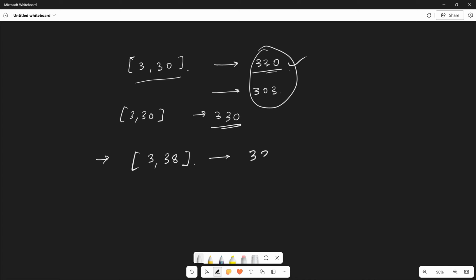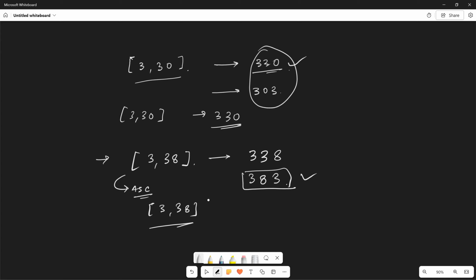The one number which could be formed is 338 and the other one would be 383. The greatest one among these is 383. But if you sort this in ascending order, the sorting would be 3 and 38, which is not a correct answer. So plain sorting is out of scope actually.